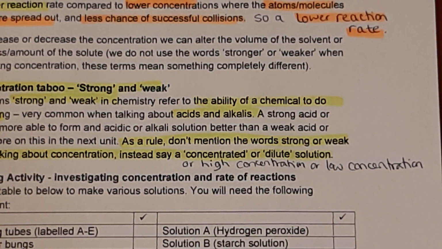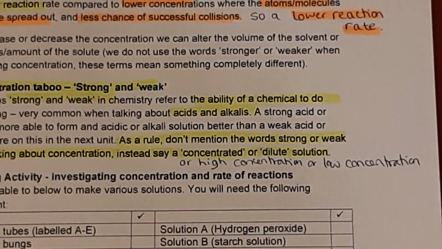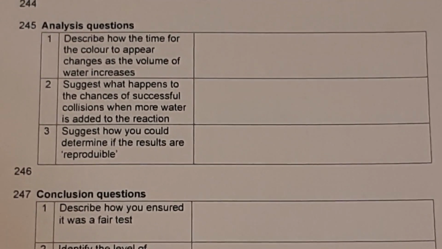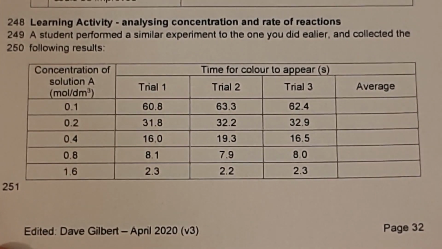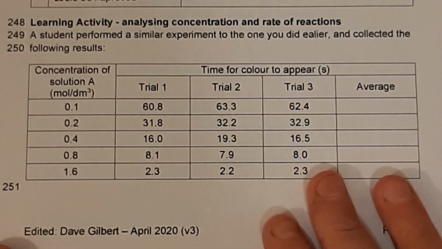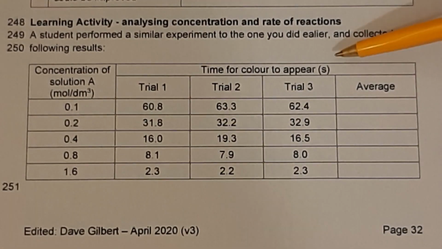Now there's an activity here that we can't do, unfortunately, as it's a practical. So we're going to move on until we get to page 32. Unfortunately we can't answer any of these analysis or conclusion questions because they're around the practical. However, we have been given a set of results for this practical. This is a practical where the reaction occurred more slowly or more quickly at different concentrations.